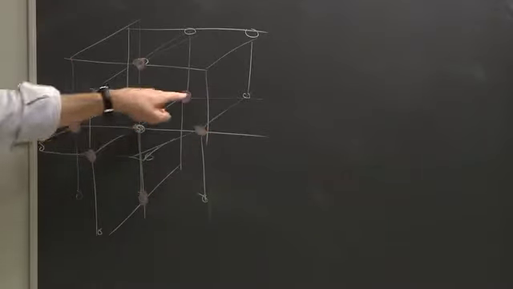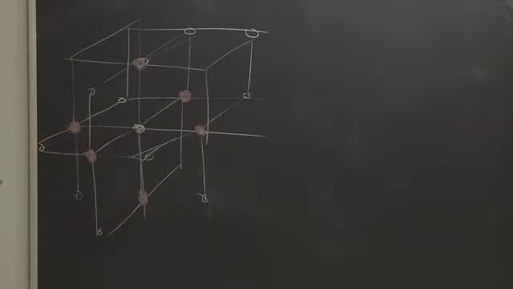You just move along the 3 Cartesian axes, minus and plus A, and you'll find neighbors. So there are 6 nearest neighbors at distance A.